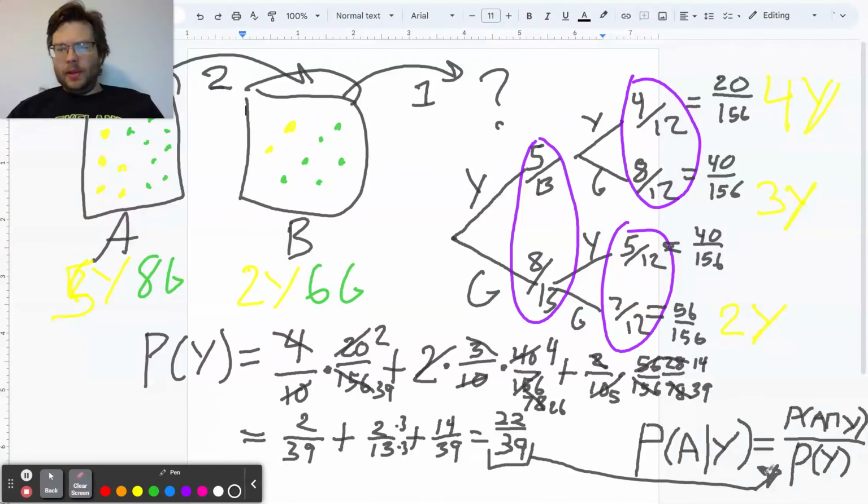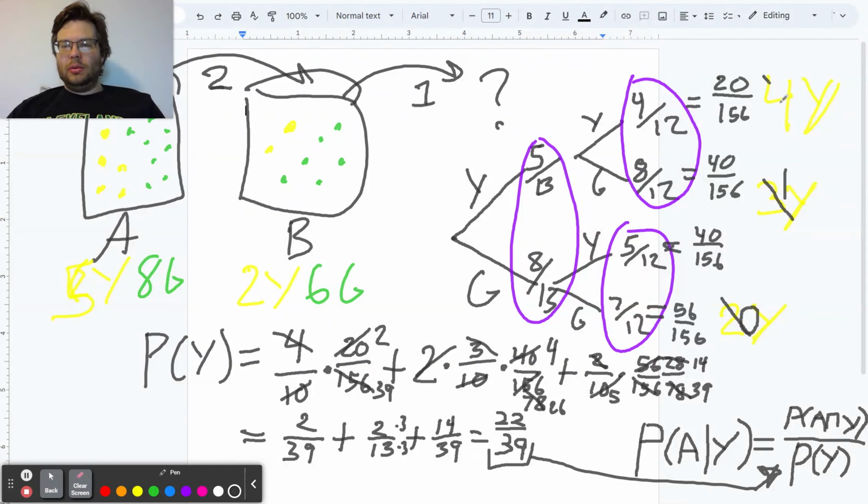Now, what I'm going to do is change these 4 yellow, 3 yellow, 2 yellow to represent the probability that it's from A and it's yellow. So there's only 0 yellows that are from A in this situation. In each of these situations, we only have 1 yellow.